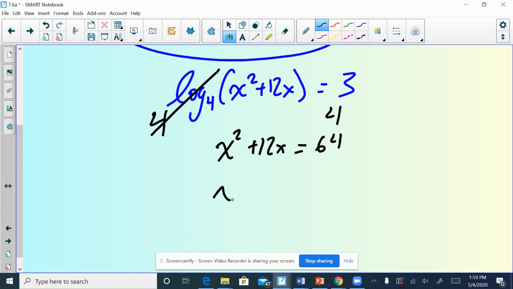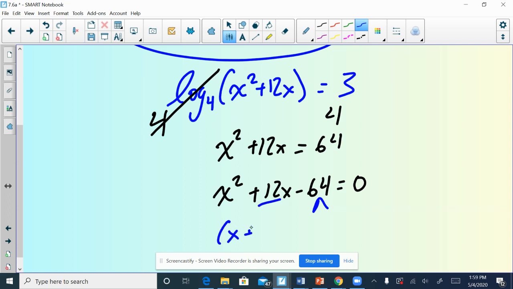I'm going to subtract 64 on both sides to get x squared plus 12x minus 64 equals 0. Now this looks a little bit easier to factor. 8 won't work, obviously. What about 16 and 4? Remember, factoring, you're looking at, hey, what multiplies to negative 64 that adds to positive 12?